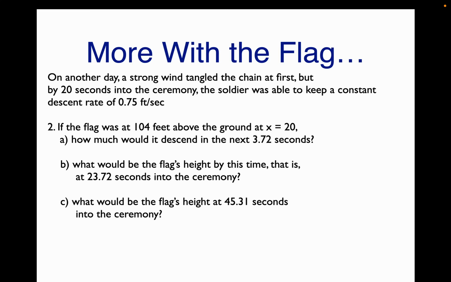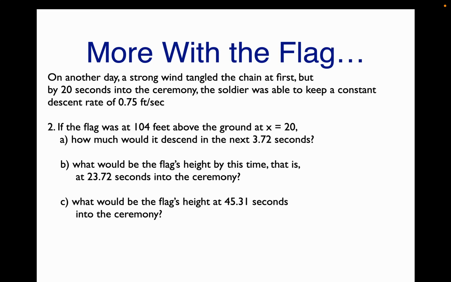That's x final minus x initial, change in x. So yeah, 25.31 seconds. That's just our delta x, 45.31 minus 20. And if we do this computation, we'll figure out the height of the flag that we need.